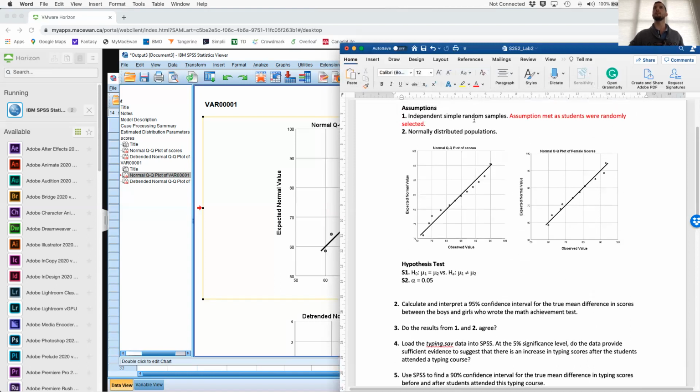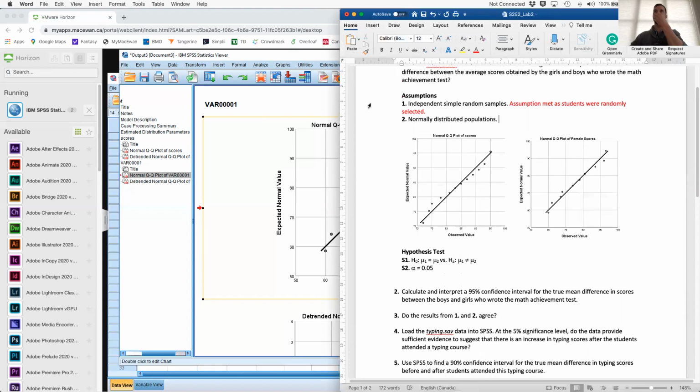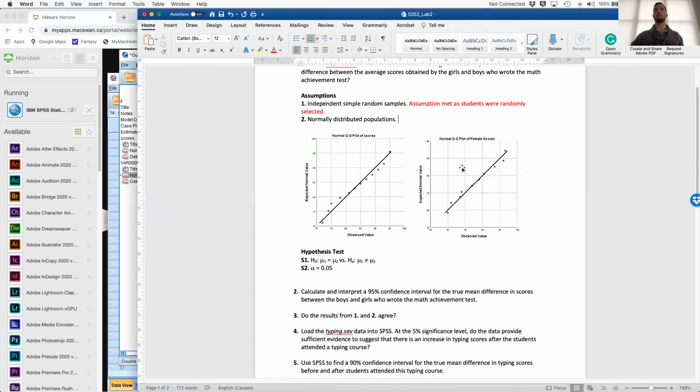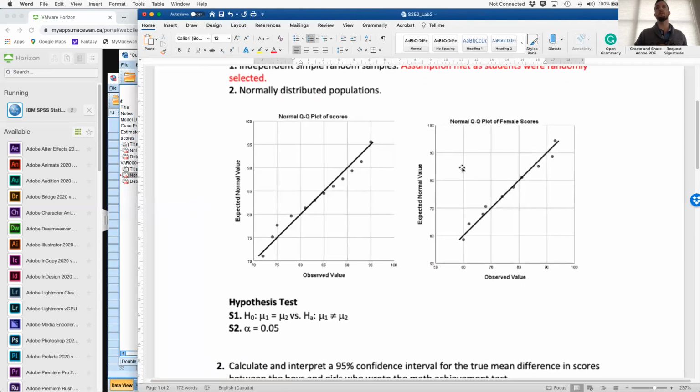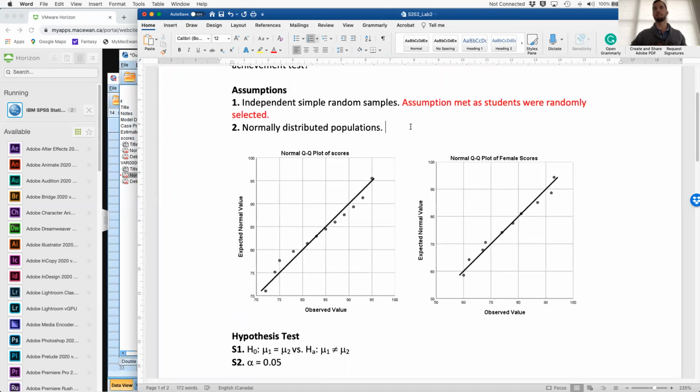Okay, and then we can say above here, so when we look at these QQ plots, and I'll just zoom in a bit so that you get a better look at them. When we look at these QQ plots, we can see that the values in each case, for the male scores and for the female scores, are pretty close to following the straight line relationship that is shown on the plot.